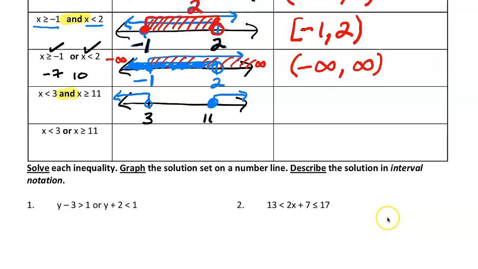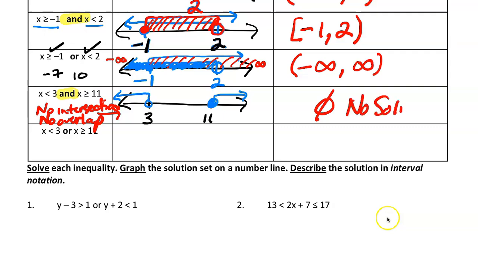So where is the intersection? Well, they don't intersect. There is no intersection. These lines don't overlap. If there's no overlap, then there's no solution. No solution.